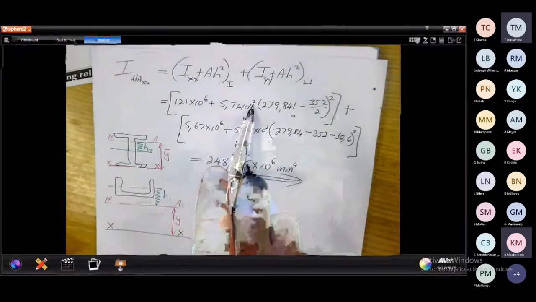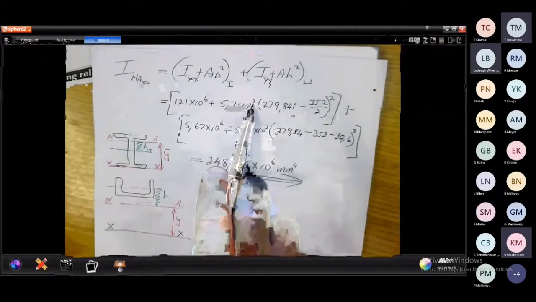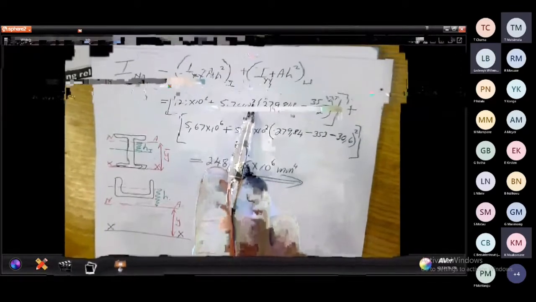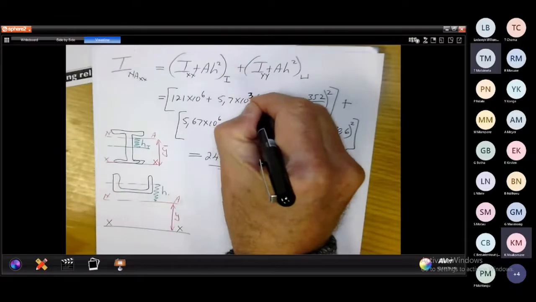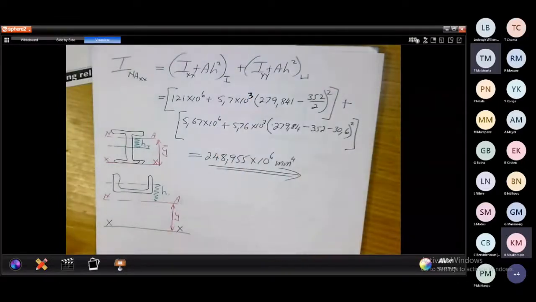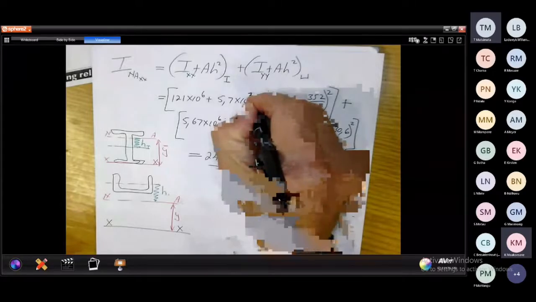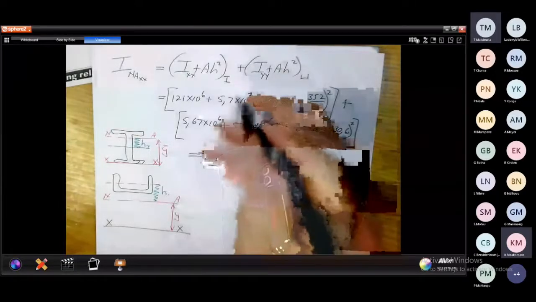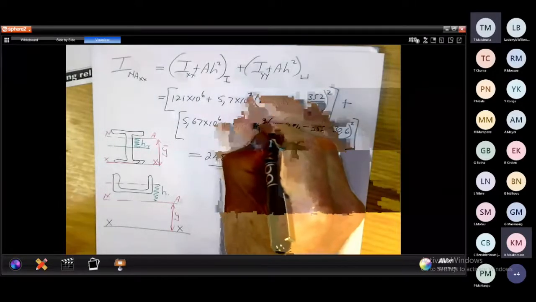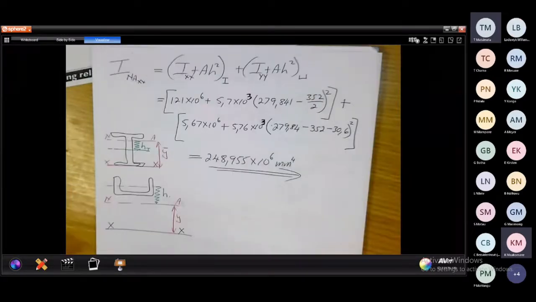The first one is 10 to the power 3. All right. Right, people, is that answer correct? Yes, sir. All right, good, thank you.